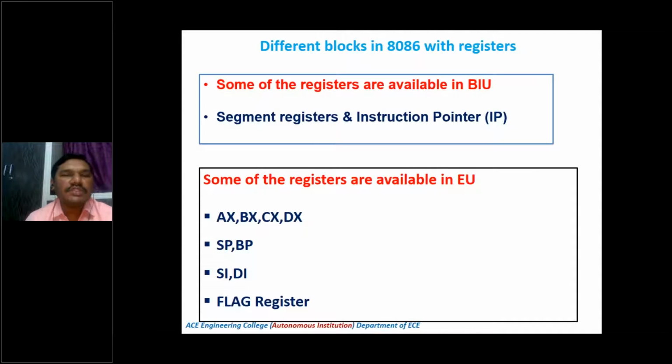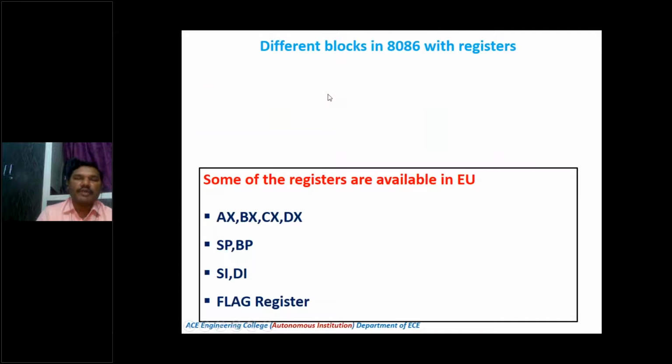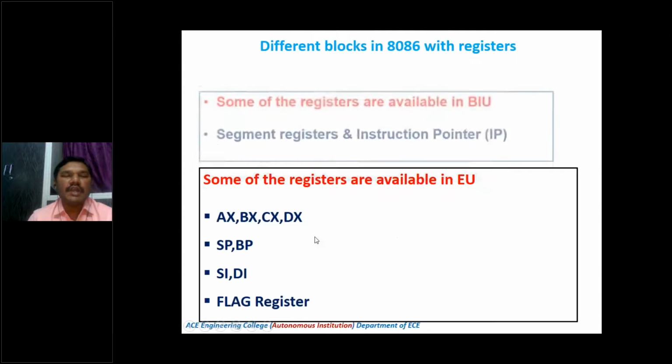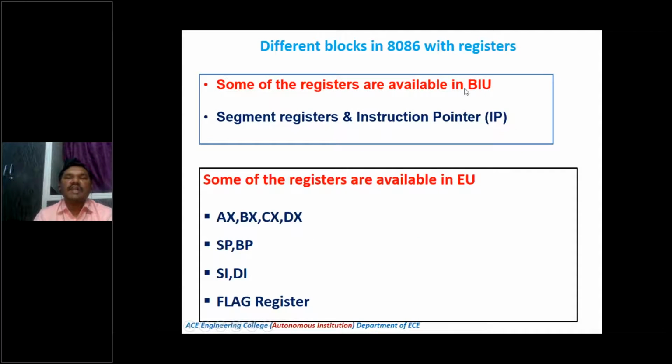Here are the different blocks of 8086: the bus interfacing unit and the execution unit. Some of the registers are available in the BIU and some in the execution unit. What registers are available in the bus interfacing unit? Segment registers and the instruction pointer. What registers are available in the execution unit? AX, BX, CX, DX, SP, BP, SI, DI, and the flag register.